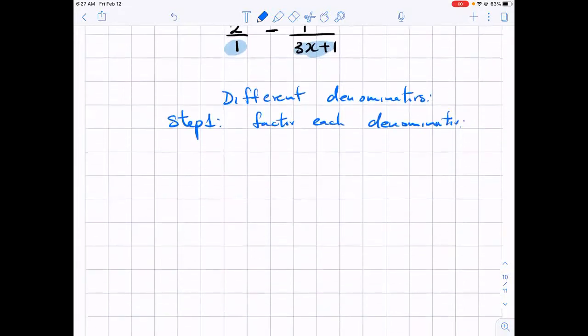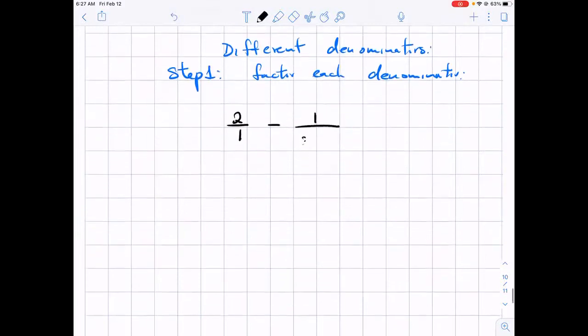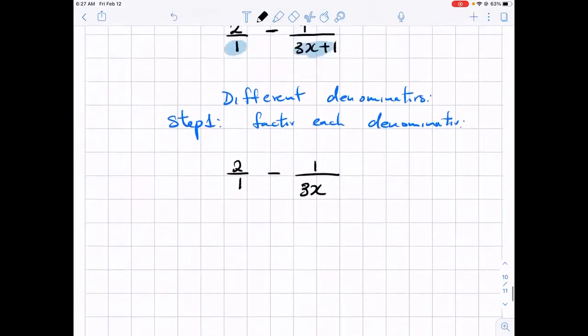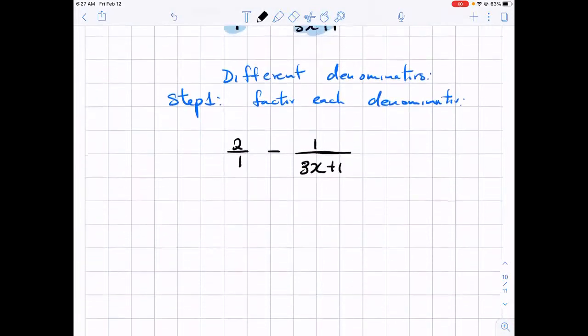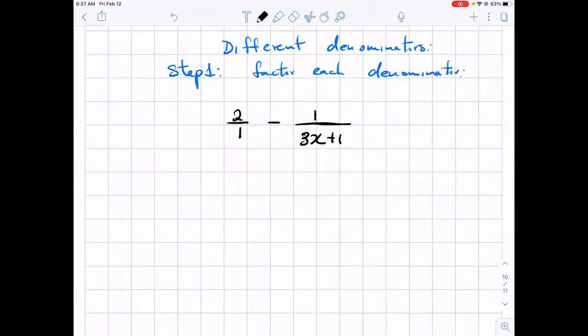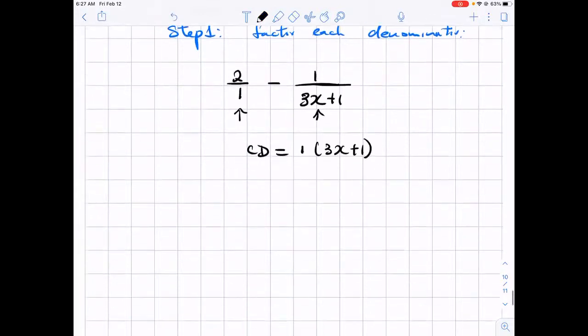Well, if I do that, I will still have 2 over 1 minus 1 over, there is nothing to factor, 3x plus 1. So there was nothing to factor. So my common denominator, we'll start off with this one, is 1, and then this one here, 3x plus 1. And that's it. Nothing is repeated. So my common denominator is 1 times 3x plus 1.